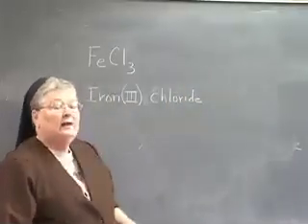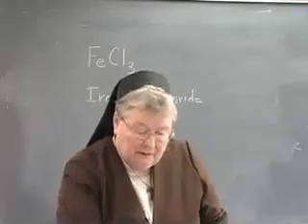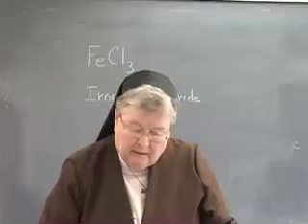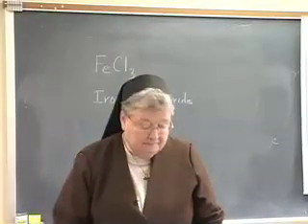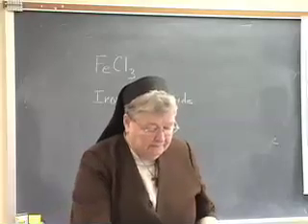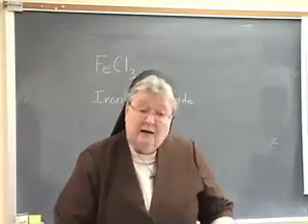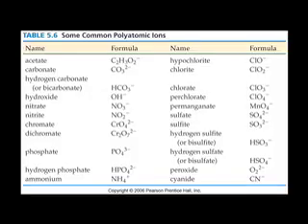Okay. So that's the nomenclature of binary ionic compounds. We next need to look at how to name ionic compounds with polyatomic anions. For now, it's important, I think, to have a list of polyatomic anions and their names, and they will not end in "ide."